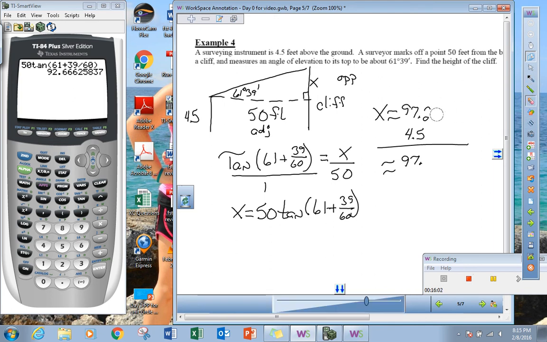That's what I get for looking ahead. When I run that through my calculator, hopefully you're with me, this should have come out to be 92.7. Now when I add in my 4.5 feet, I should get about 97.2 feet. I was looking ahead. I added that in my head and I shouldn't have. So there's what I got when I ran that through. Then I had to add in that 4.5.